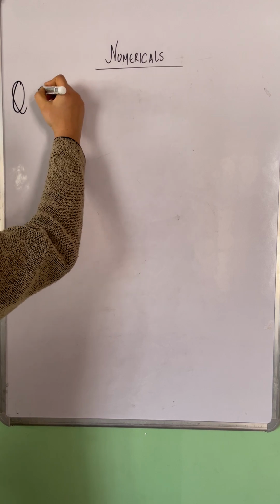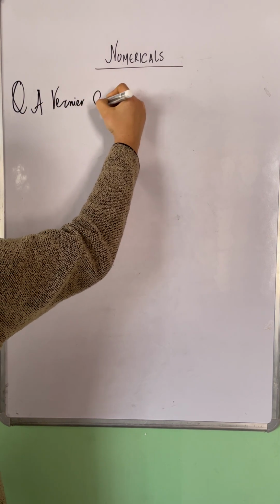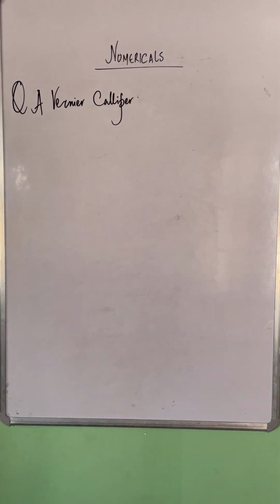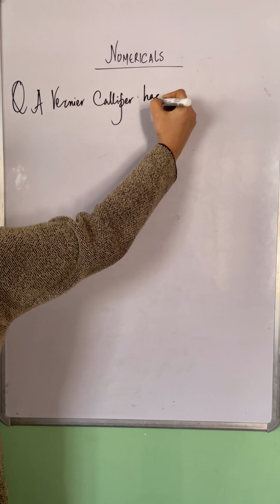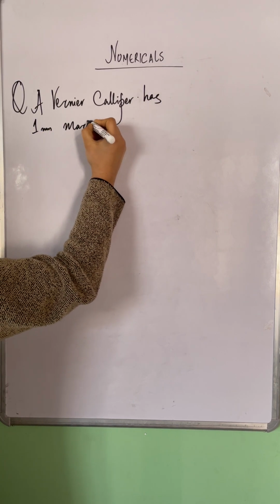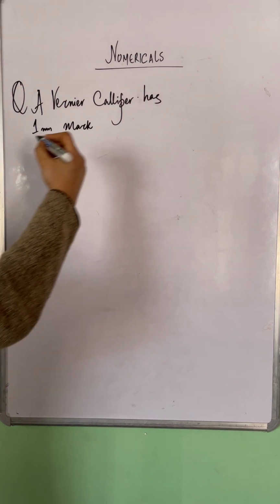The next question is on a vernier caliper. A vernier caliper has 1 mm mark on the main scale.